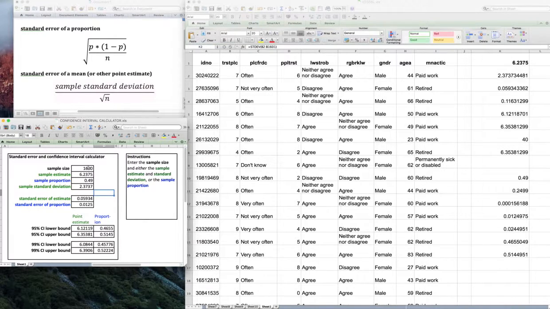To use the confidence interval calculator for a new set of numbers, you just replace the numbers. And when it doesn't have the numbers it needs, you'll see little warning signs in the appropriate cells. So that's confidence intervals. If you find them tricky, the best way to understand confidence intervals is just to calculate some of them.